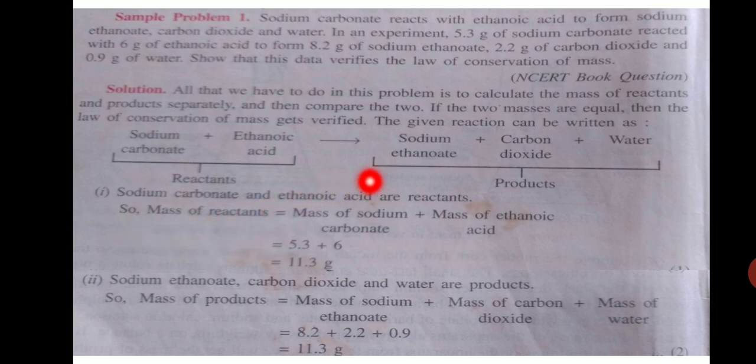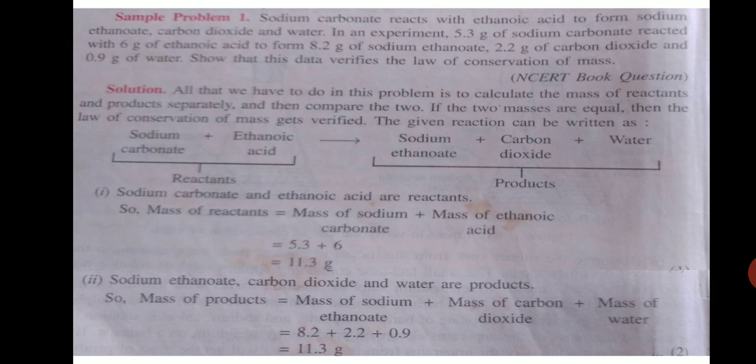Now, next we have to find out the mass of the product. Which are the products given here? Sodium ethanoate, carbon dioxide and water. So write: mass of the product is equal to mass of sodium ethanoate plus mass of carbon dioxide plus mass of water. 8.2 plus 2.2 plus 9.9.